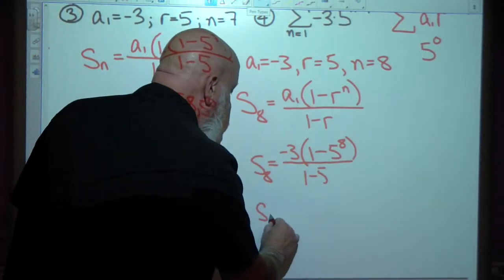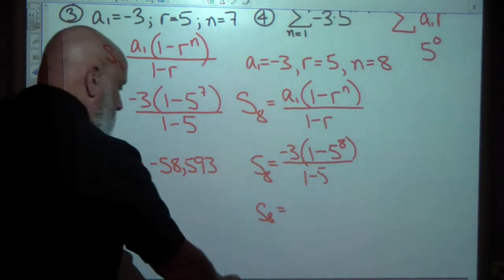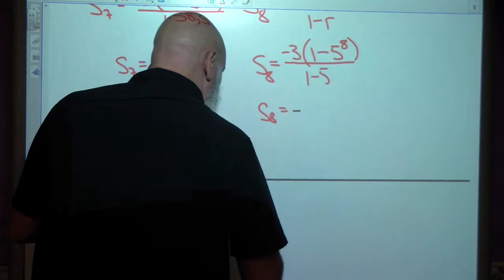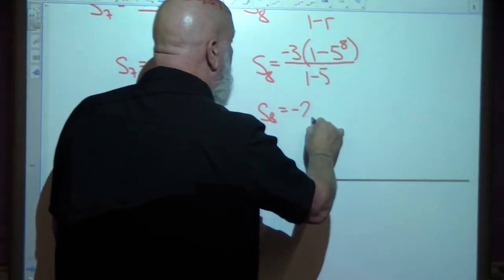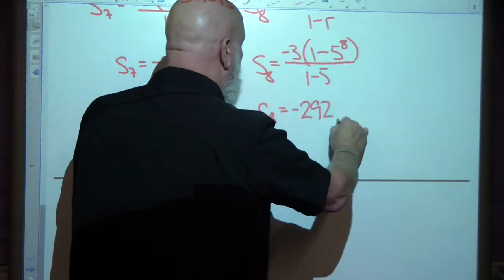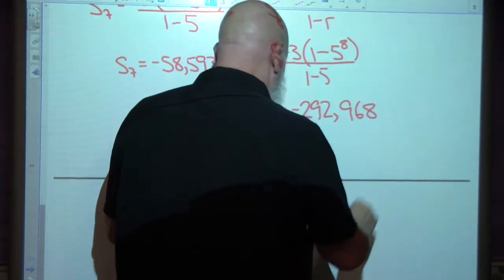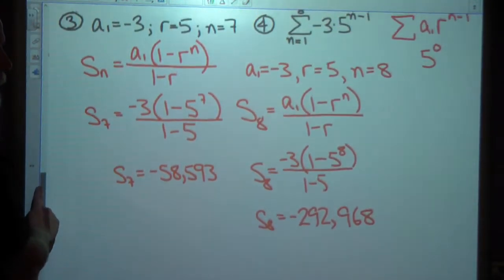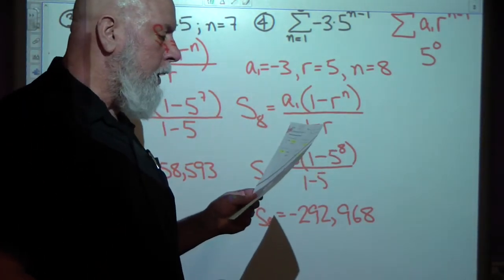The sum of these 8 terms is negative 292,968. Hopefully that is right. We'll take a look and see. Find the key. Negative 292,968.